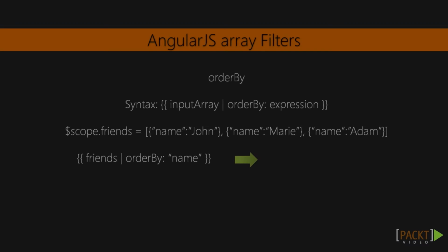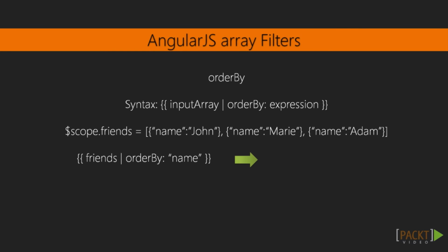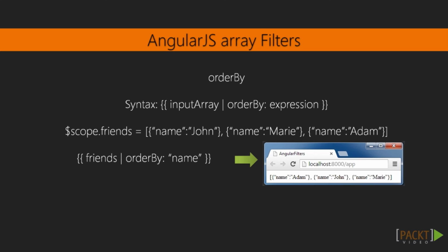The orderBy filter orders a specified array using the provided expression predicate. It is ordered alphabetically for strings and numerically for numbers. An example of how to use it would be, let's say you have a friend list defined on your scope, and then you can do friends pipeline orderBy name, and that will return Adam, John, and Mary in alphabetical order.